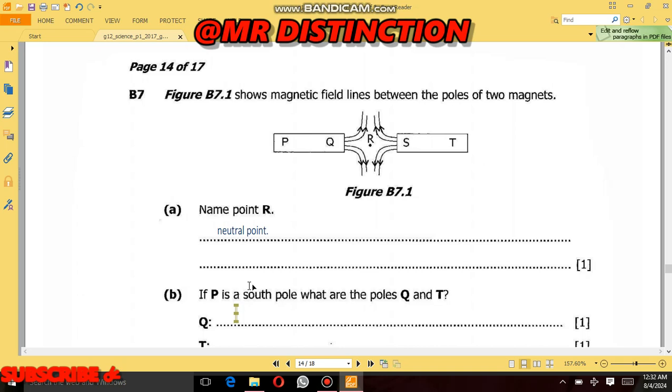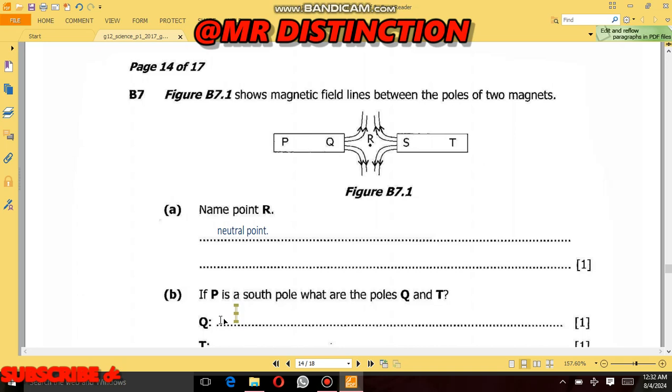What you need to know and understand is that each and every magnet has got how many poles? Two poles. Each and every magnet has a south pole and a north pole. So in this case, where you have been told that P of this magnet is a south pole, just know that the remaining one is a north pole.